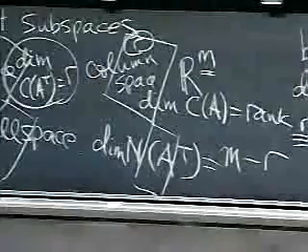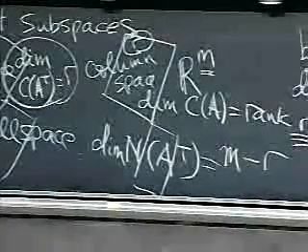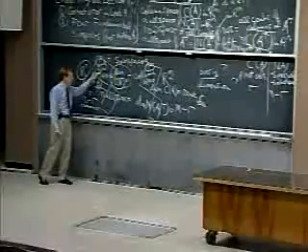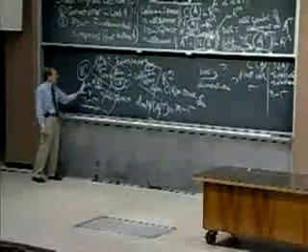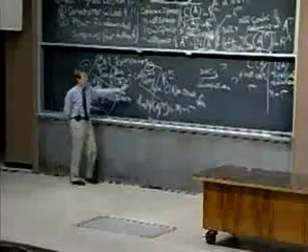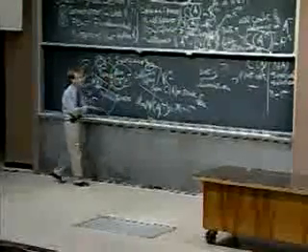A transpose follows the same rule that this dimension plus this dimension adds up to the number of columns. And over here, A transpose has m columns.